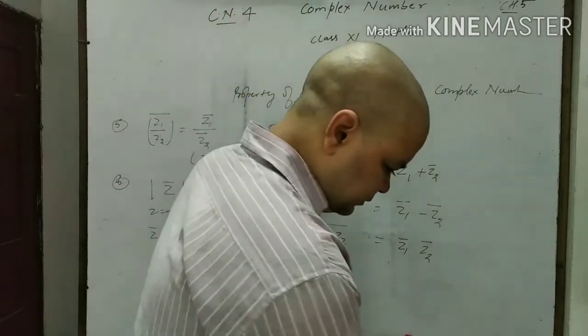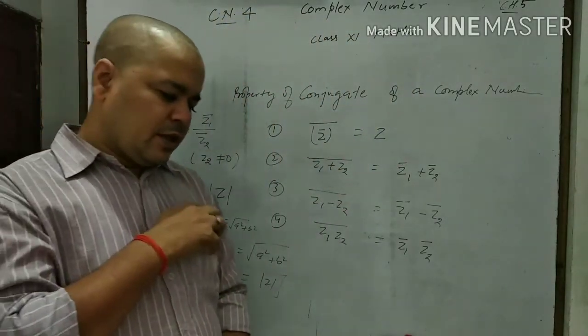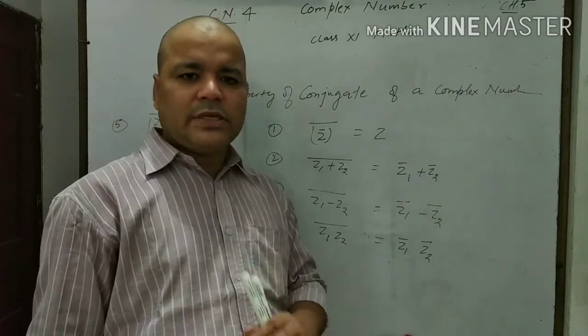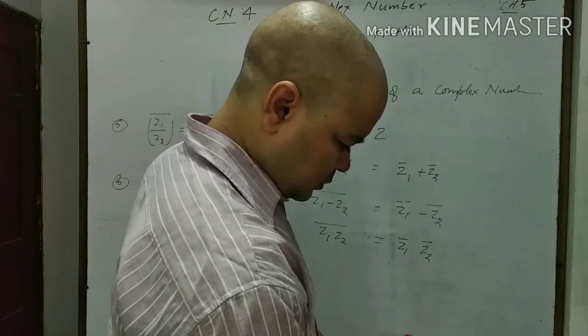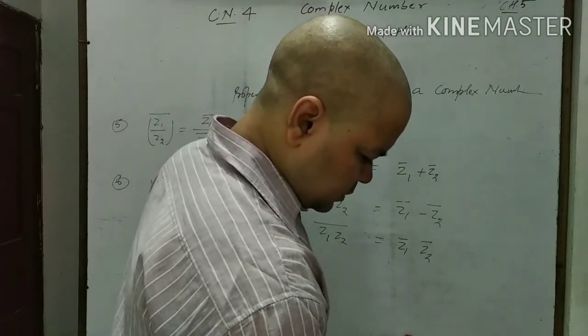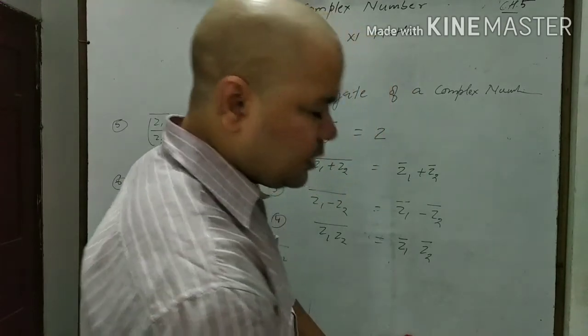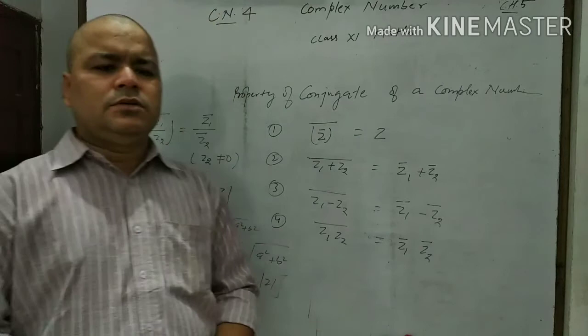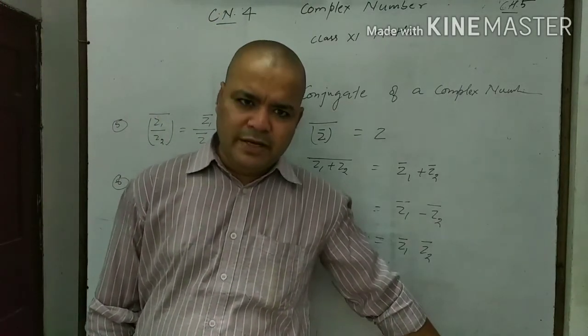this is the total theoretical portion given before exercise 5.1. Now we have to discuss about Argand plane. Just like we discussed in 10th class, 9th class, coordinate plane.